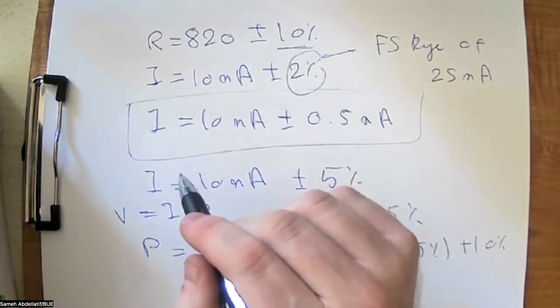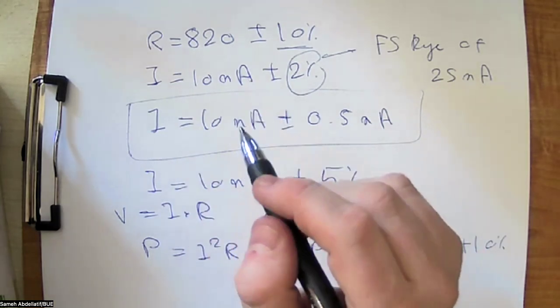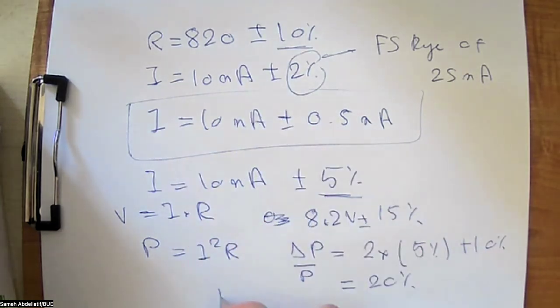And then we divide by 1,000 again. So it will end up to have power of 82 watts plus minus 20%. And here the voltage is 8.2 volts plus minus 15%. I'm sorry if these numbers are not too correct. Maybe I have to double check.